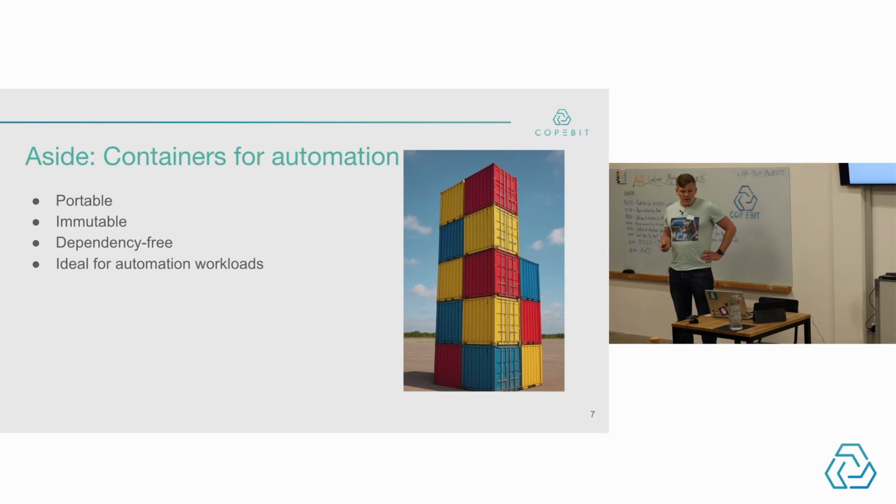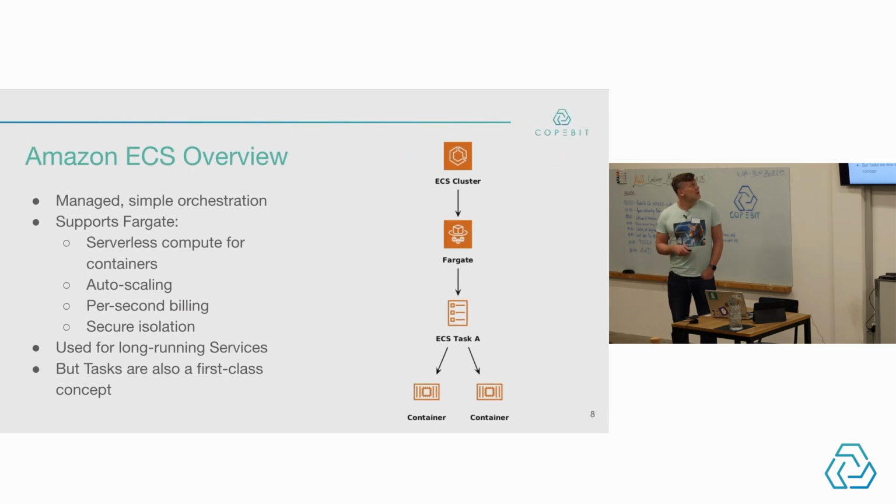In comparison with Lambda, which you might normally use more for these quick jobs, using containerized tasks on ECS is good because we don't have to care about runtime support, and we also don't have a timeout. The task can basically run as long as it doesn't crash.